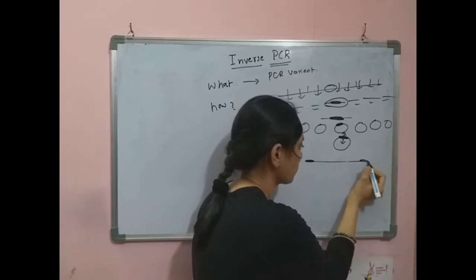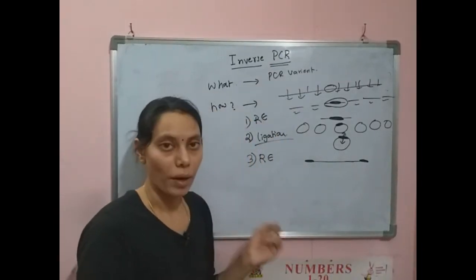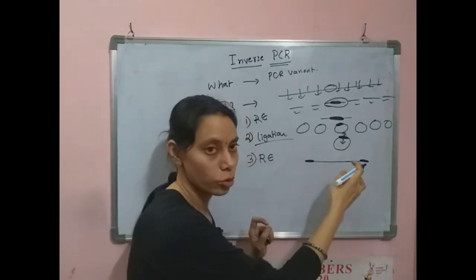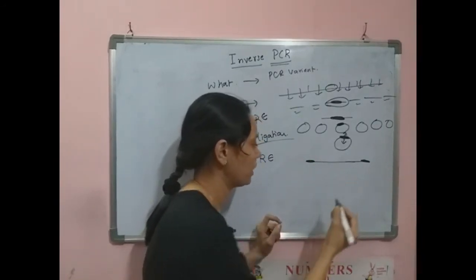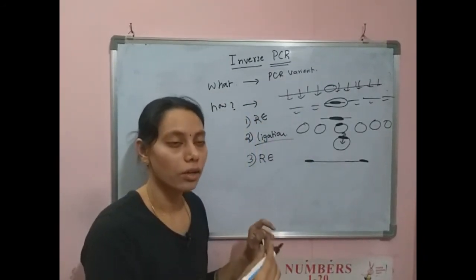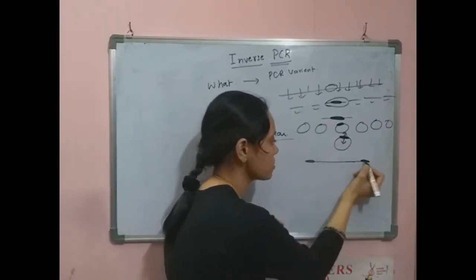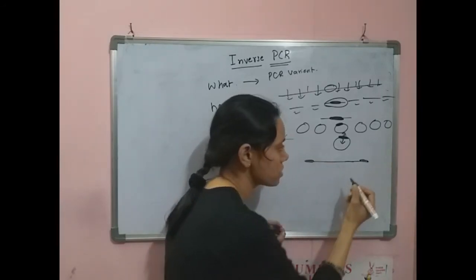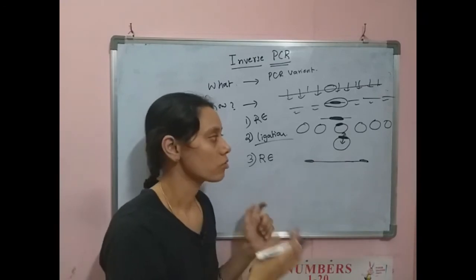That means the known sequence will be opened up and divided into two parts, and a linearized DNA product will result, which has known sequences and the unknown sequence in between the known sequence.